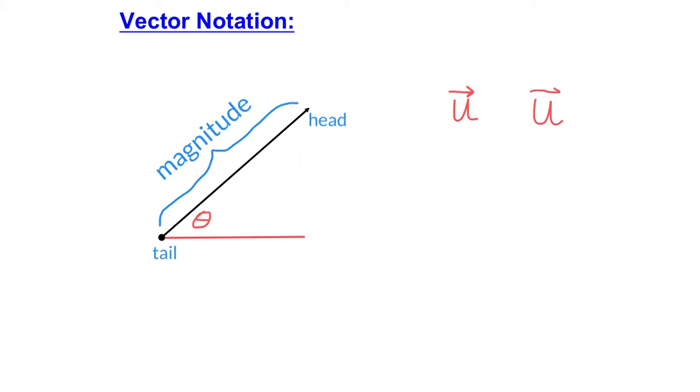Both of those just mean you have the name of the vector, and then the arrow indicates that it's a vector, not just some other variable. Another way you might see it is, let's say the vector is labeled from A to B, then you could call it vector AB, and it would be written like that.